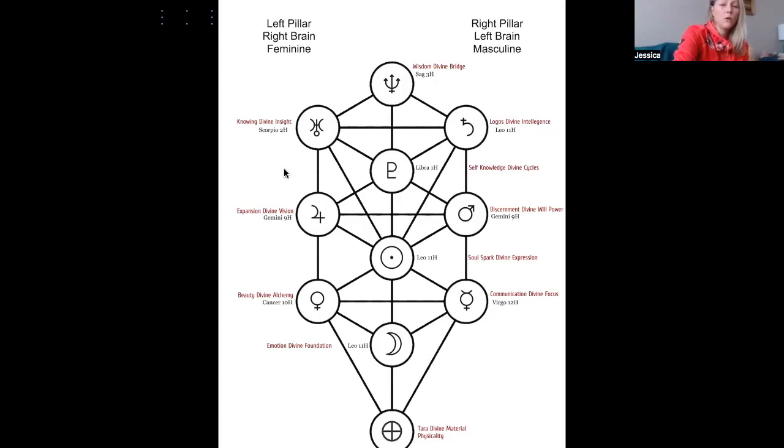When we look at this first sphere down here, there's a lot of conscious activity happening in this sphere, and so our physical body connects more primarily to our emotions, which then connects to our mind, and our emotions dictate what kind of thoughts we're having.